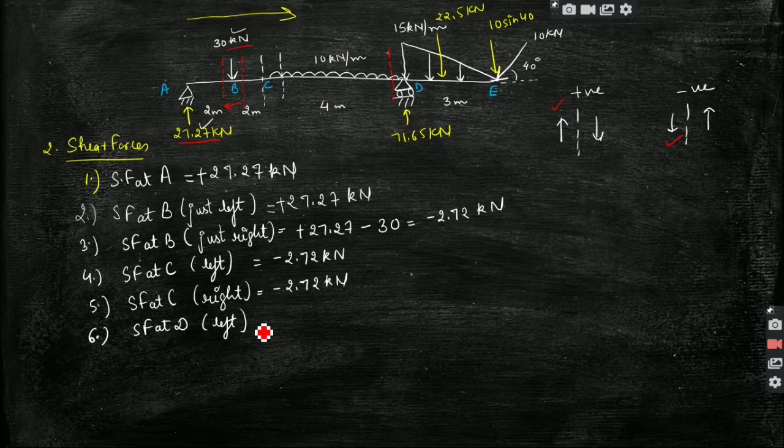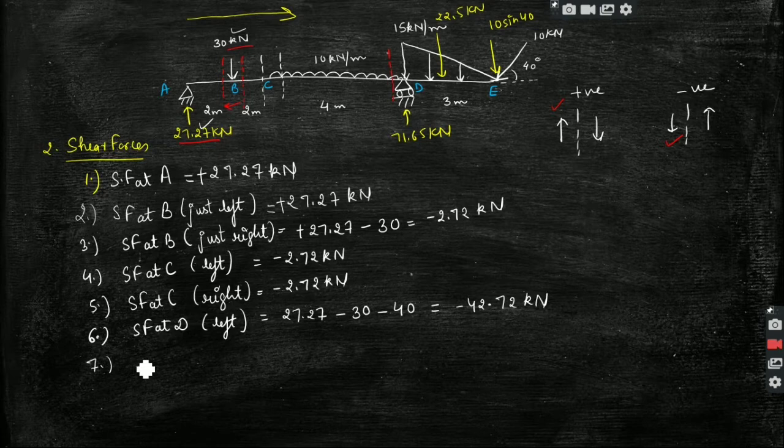So considering all the values, either you can just write minus 2.72 because we have already calculated it up to point C, or you can write each value again. Anyway you can work. So 27.27 minus 30 and another downward force of minus 40 because 10 into 4. So this will give us a value of minus 42.72 kilonewton at D just left.